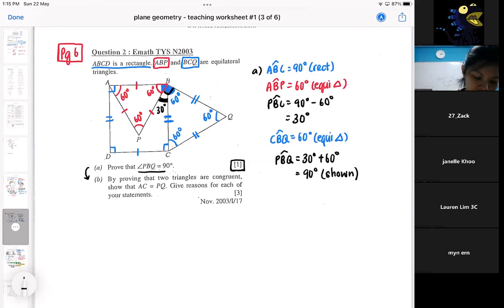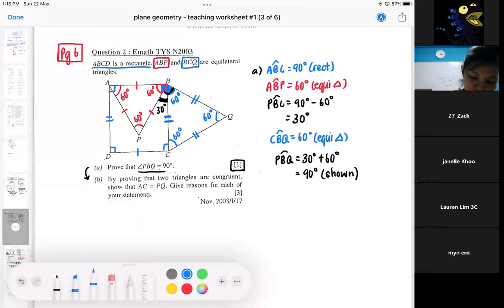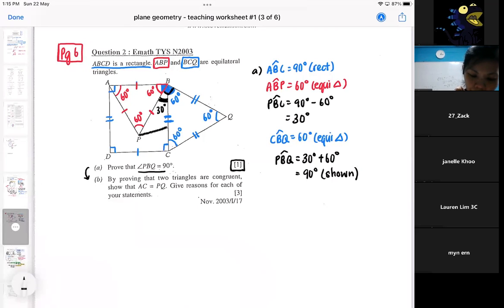So can I just ask you, do you realize your PQ is here? So some people will feel very insecure. They didn't realize that, oh, do you mean this is also a triangle that I can use? You got to use this triangle. You got to use a triangle that contains PQ. And of course, I'm using the 90 degree that I have gotten.